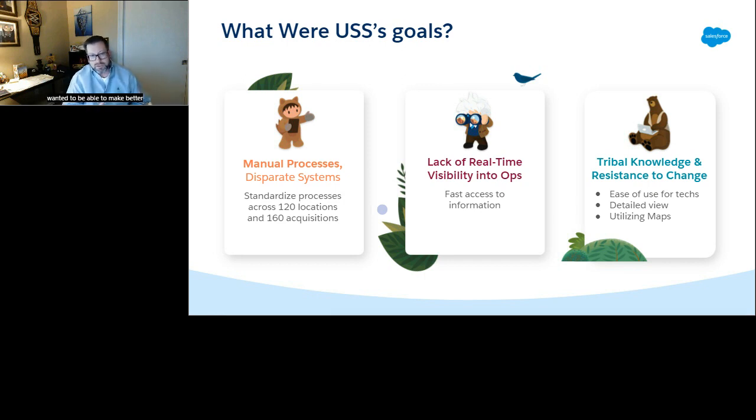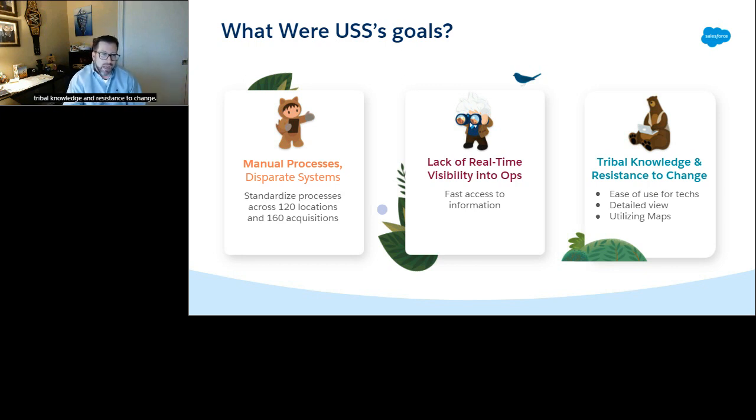We wanted to be able to make better decisions throughout the day. If a technician was running behind and you had another technician running ahead, maybe we could move some appointments to that other tech. Thus, that teamwork atmosphere of all of us getting the job done better, all at the same time.